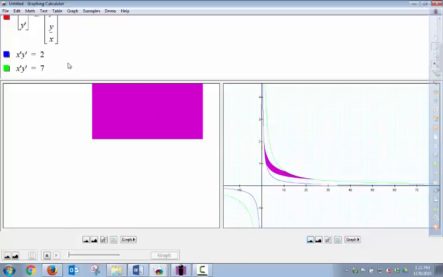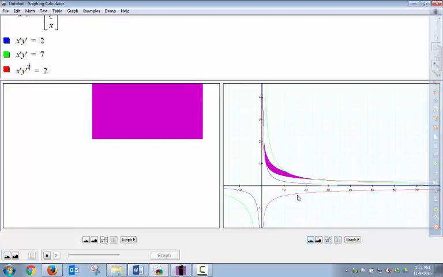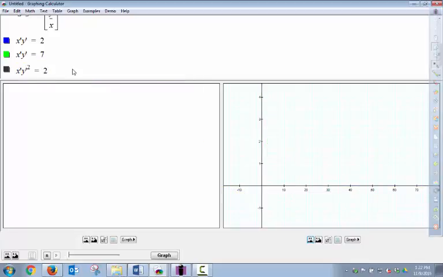And then, what is it, xy squared or something? That would be hard to see. Let's make it black. It's right along the bottom edge. And then the last one is 7.